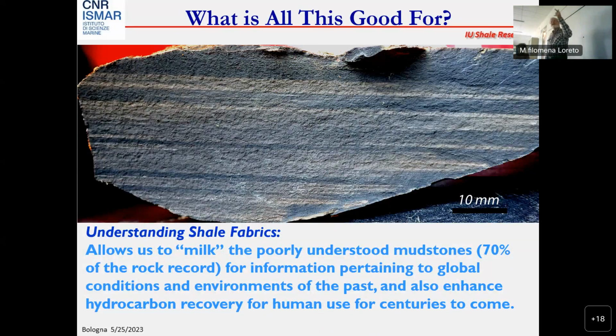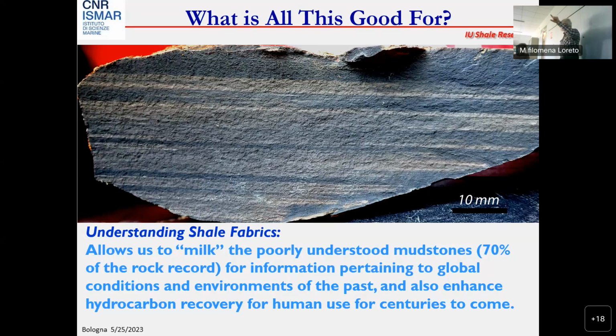Once we understand shale fabrics, how they form, under what conditions, then we can take the 70% of mudstones that are in the rock record and milk them for information about depositional parameters, what flow velocities, what rates of sedimentation, and all that kind of stuff. And then we can loop back to the global condition and the environments of the past.